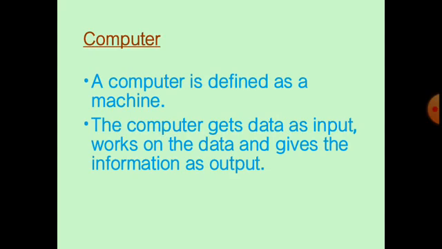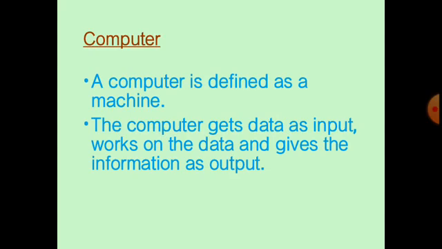A refrigerator is a machine. It is used to chill the items which are kept inside it. In the same way, a computer is a machine used for data processing. Now you will have the doubt, what is data?